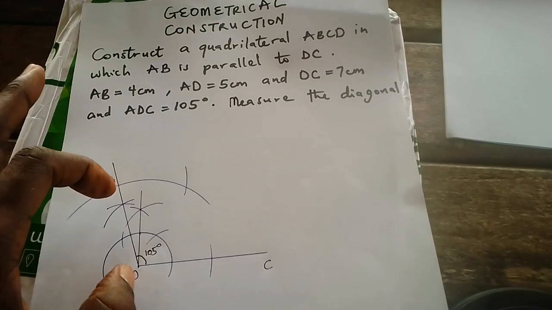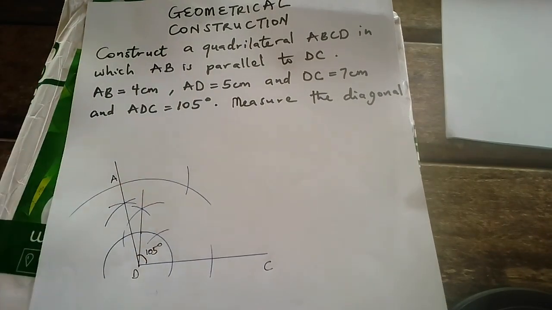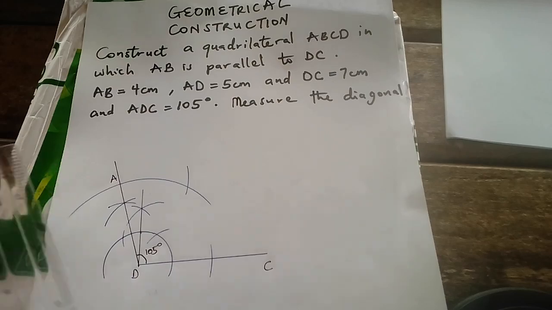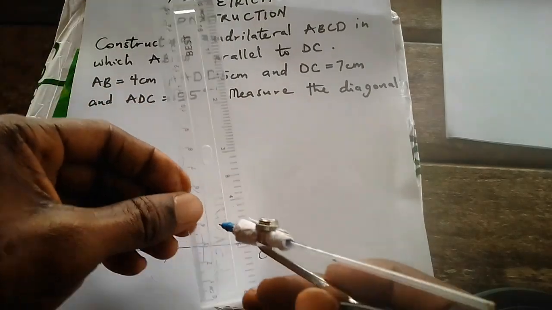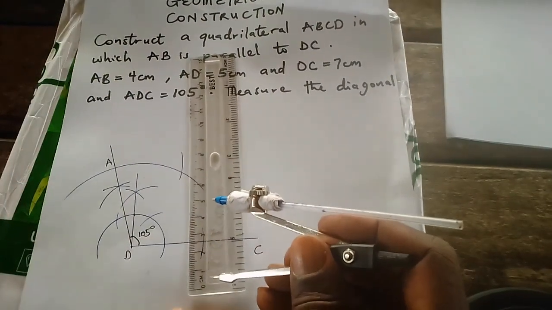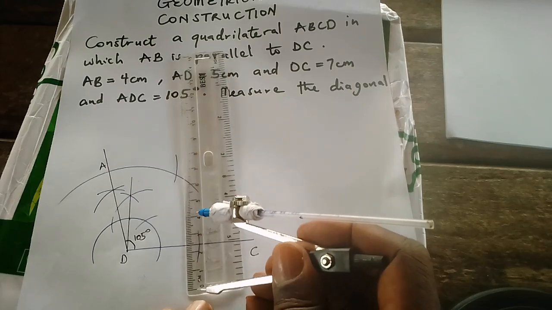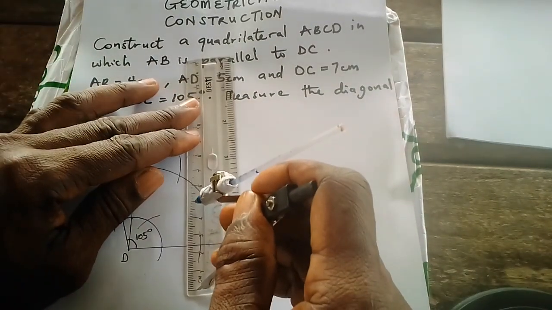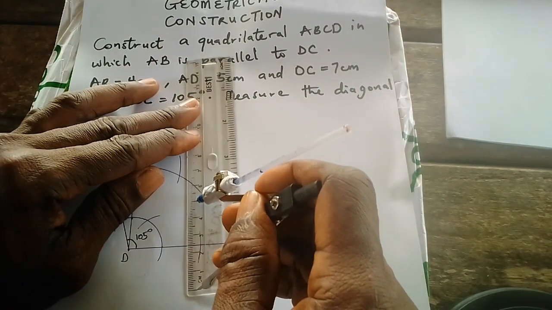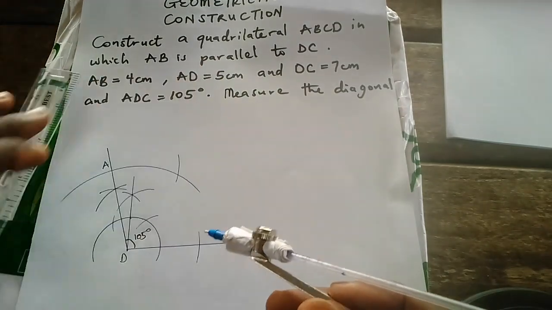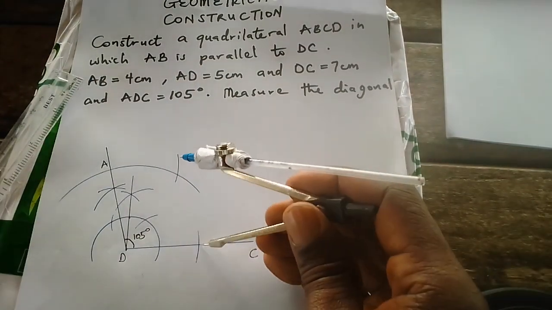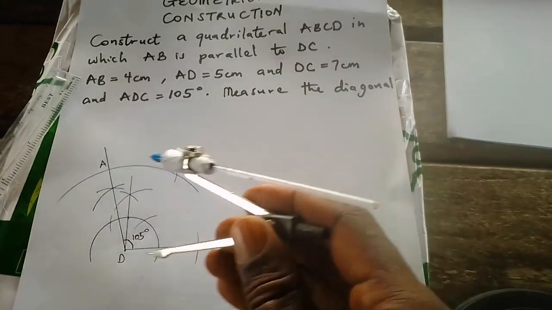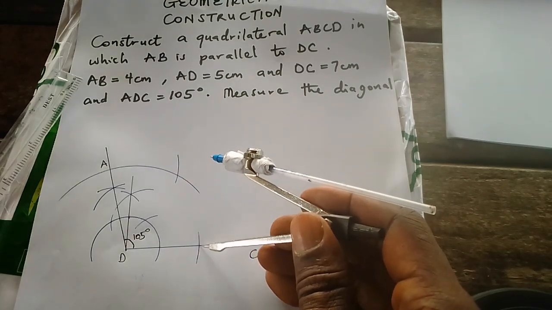Now you realize that this line is 5 centimeter. So I'm going to measure 5 centimeter, put the pin at this point 0 and read, this is 5. This is 5 centimeter. So that means at this point of intersection, normally this is before I've marked 4 centimeter here.